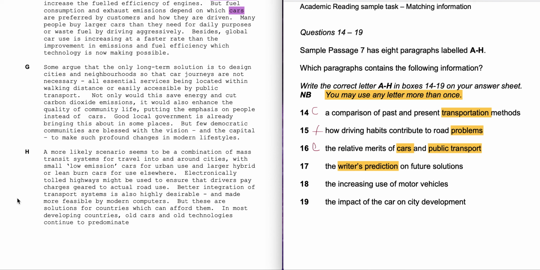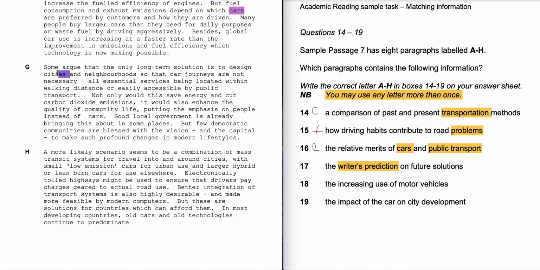Some argue that the only long-term solution is to design cities and neighborhoods so that car journeys are not necessary, all essential services being located within walking distance or easily accessible by public transport. So not only would this save energy and carbon dioxide emissions, it would also enhance the quality of community life, putting the emphasis on people instead of cars.